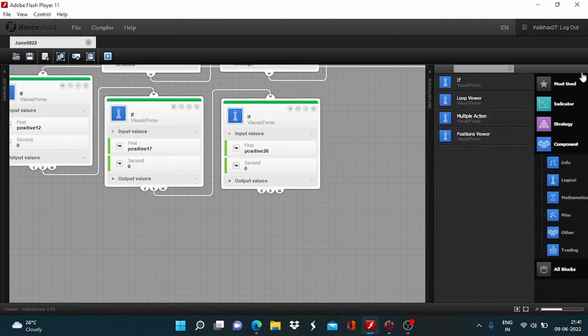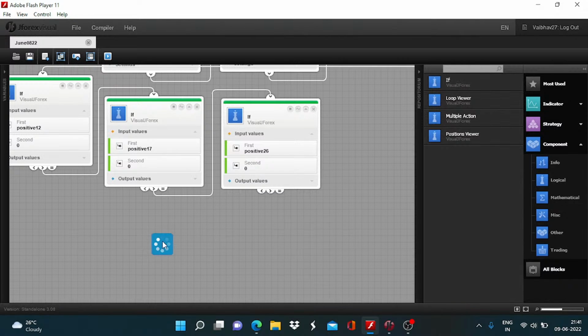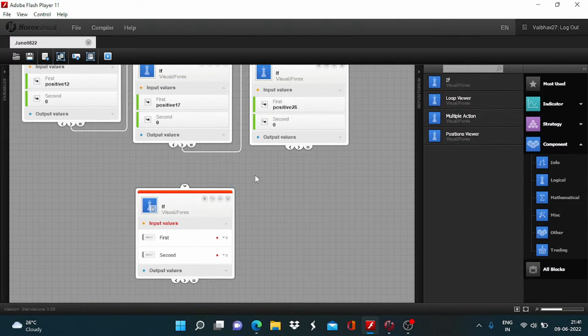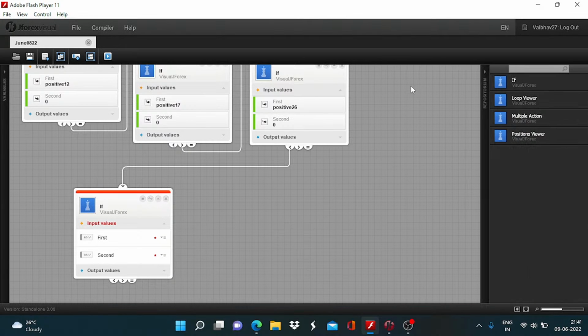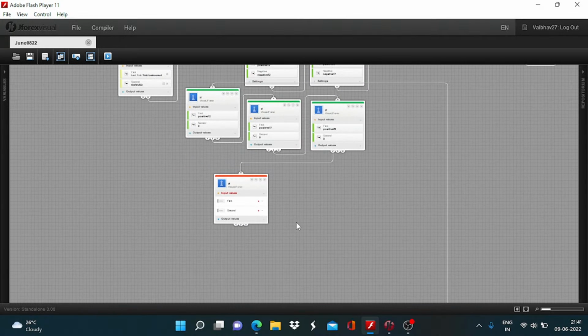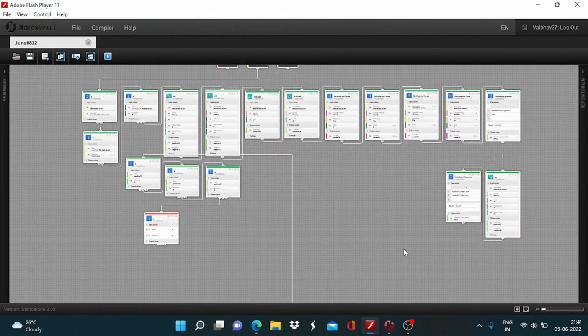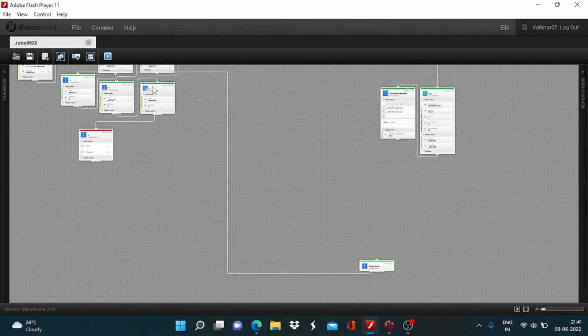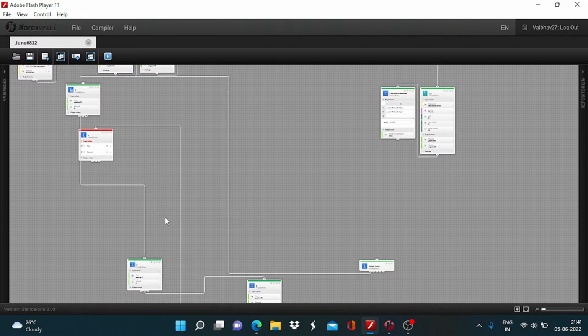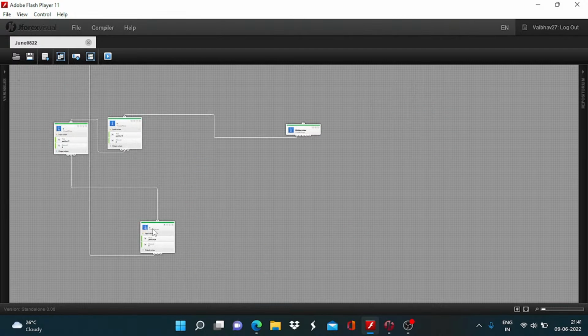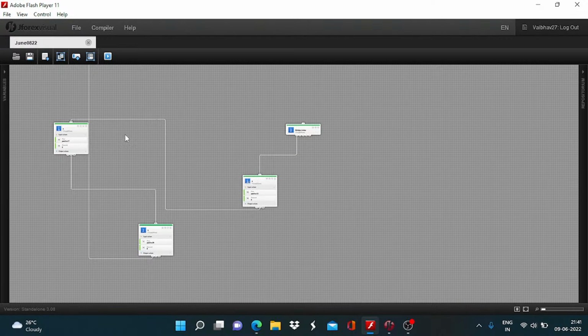All right. First input less than second input. So these were three conditions which were quite easy to understand and straight away to execute.